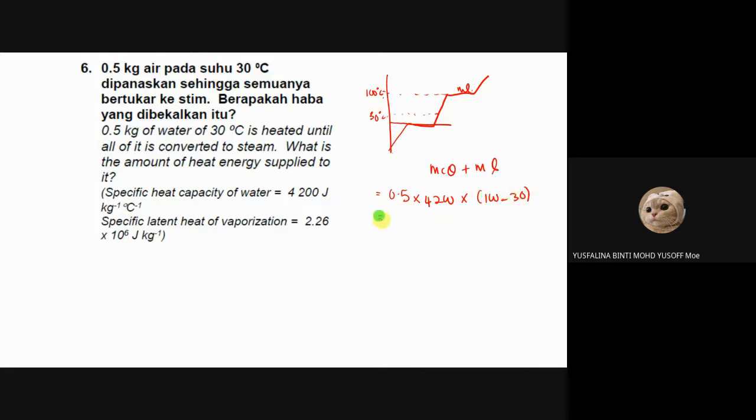Is that one for mc theta, or did you already calculate both? How can you get 4000? Wait.